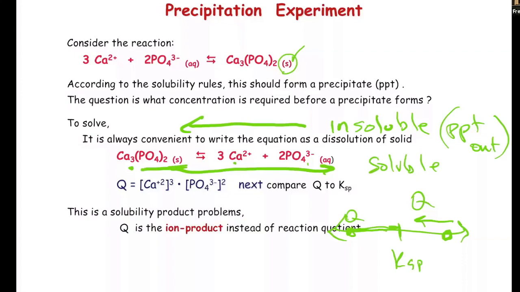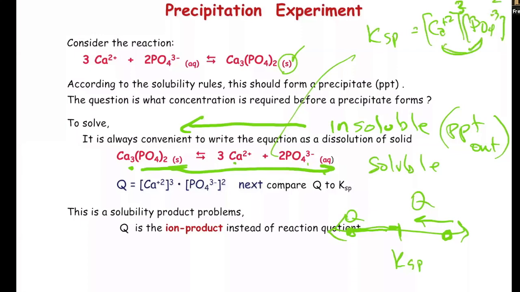So Q now is called the ion product because remember, KSP is equal to calcium plus 2 squared times phosphate, sorry, that's 3 minus, cubed. These are multiplied by each other. When you do a multiplication, that's a product.